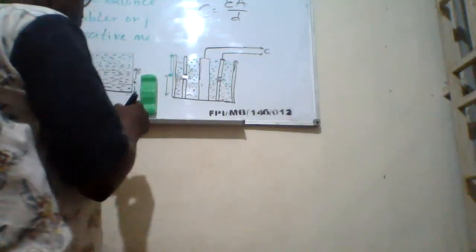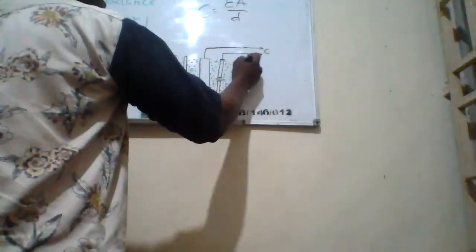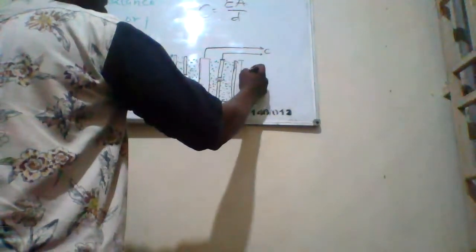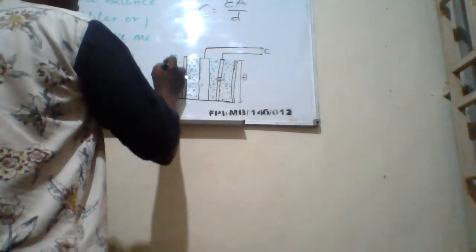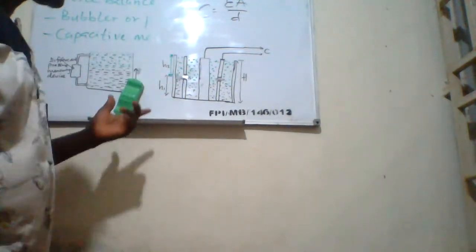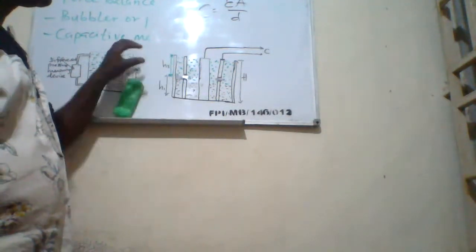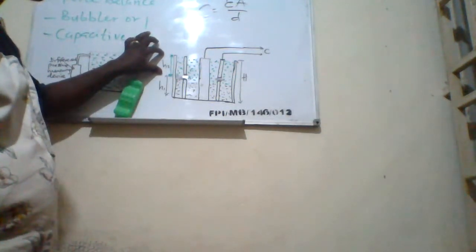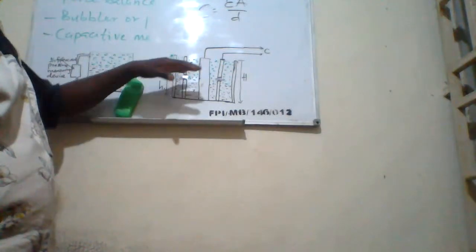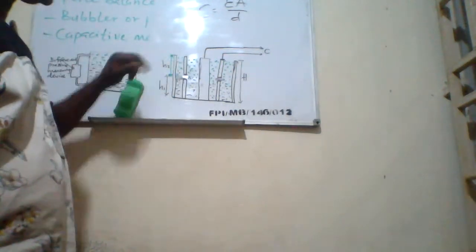So they are different heights. The total height of the tank is capital H. Then we can have small h1 and small h2. H1 is the height of the liquid in the tank, and the height of the air in the tank, the empty space on top, is h2.